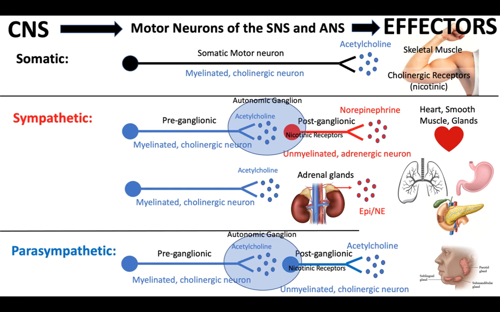We want them constricted during rest because you don't need as much air. Stomach, we want to activate the stomach during rest. So acetylcholine will stimulate the stomach at rest, whereas epinephrine and norepinephrine will actually inhibit your stomach during fight or flight.